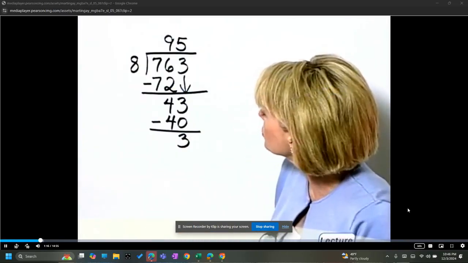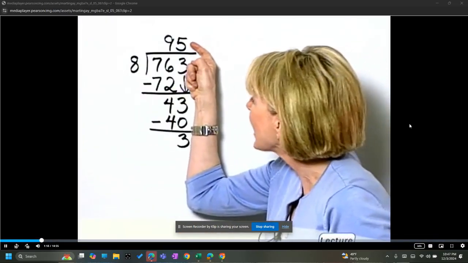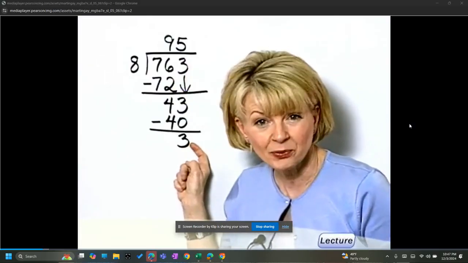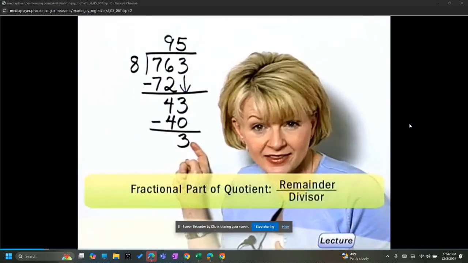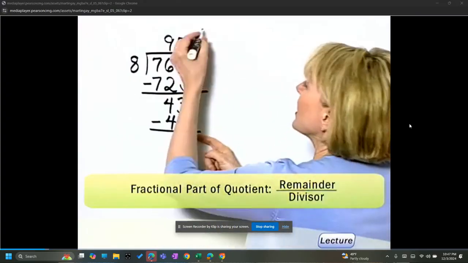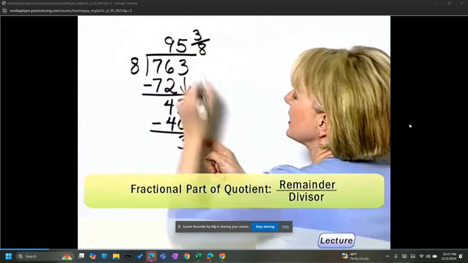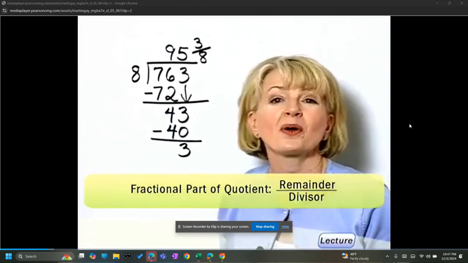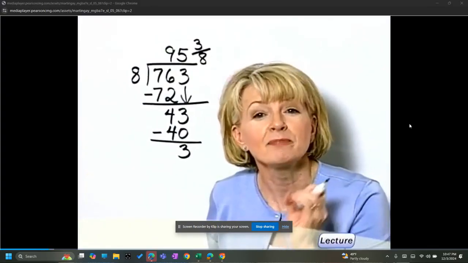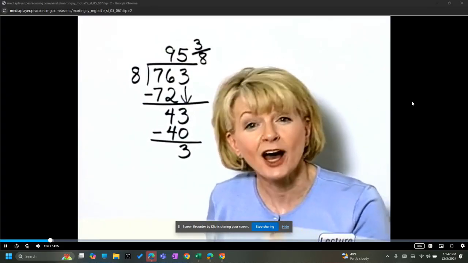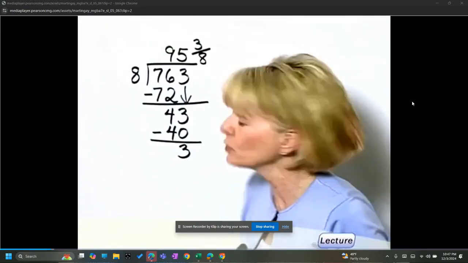So what is the quotient? Well, the quotient is 95 remainder 3, or don't forget we can write this as 95 and 3/8, the remainder over the divisor. Keep that in mind because that's how we will long divide polynomials.